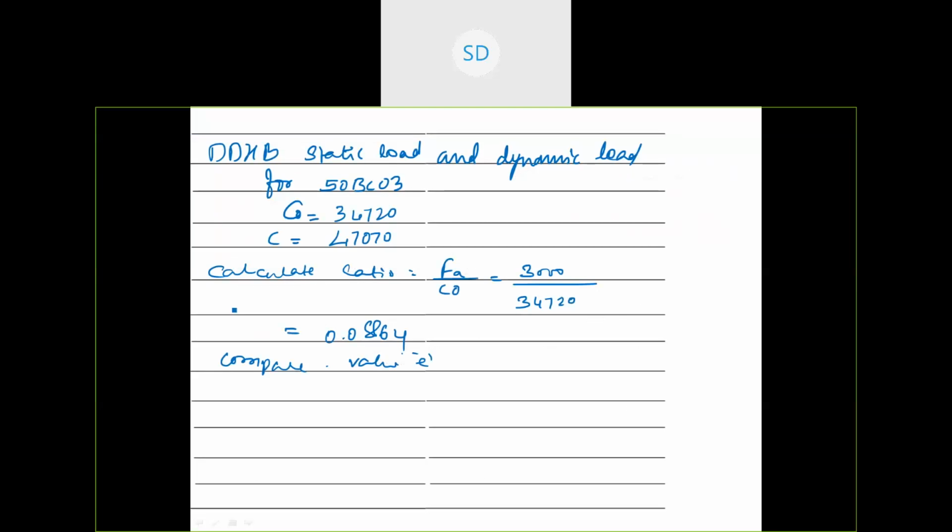Now value of e is on here. How much here? Now value of e is 0.28 here. Value of e is 0.28. Okay. You note down, so for the corresponding value of FA divided by C naught, the value of e is 0.28, right?